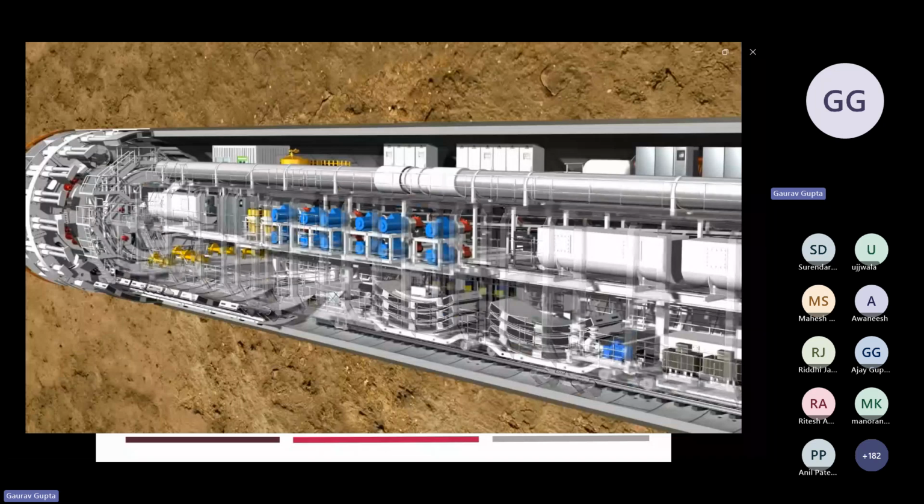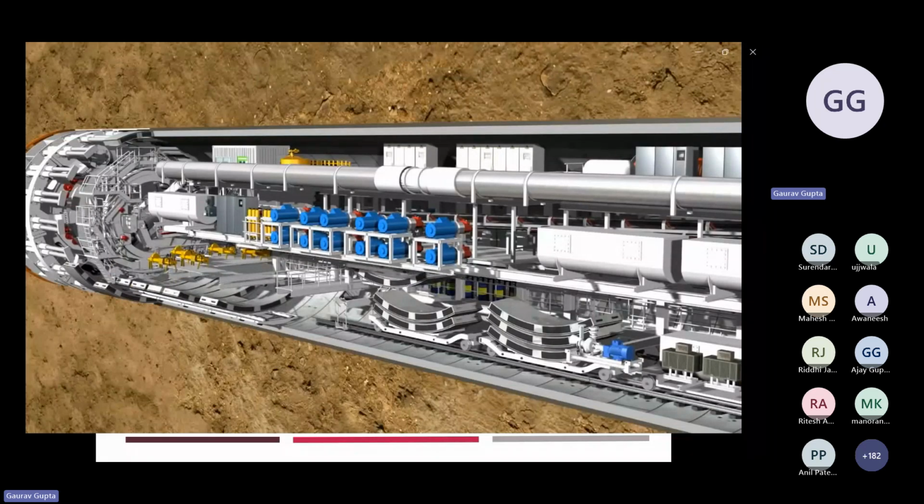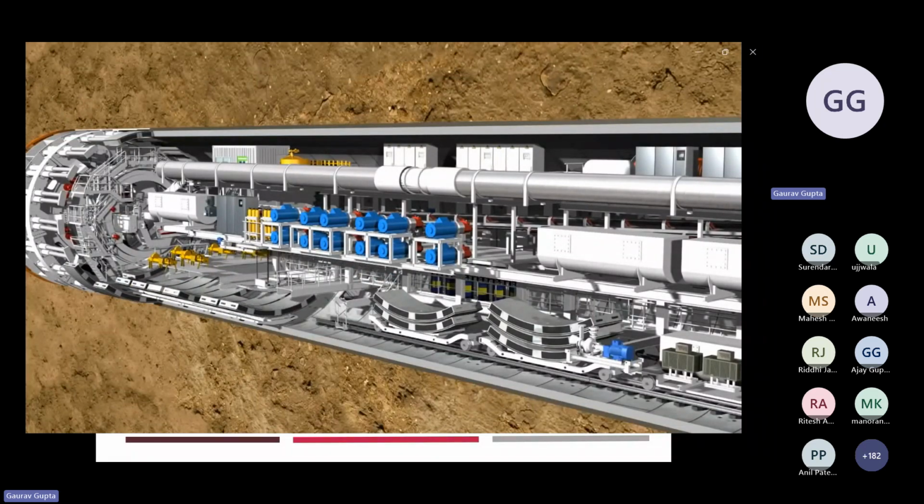In the front section of the backup, the lining segments are lifted individually by a special transfer crane. It lifts them onto the segment feeder which transports the elements to the front of the tunnel.